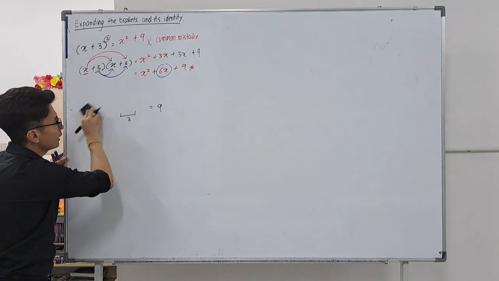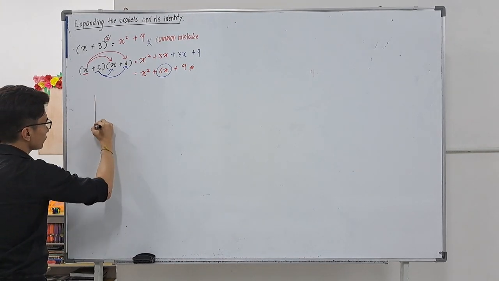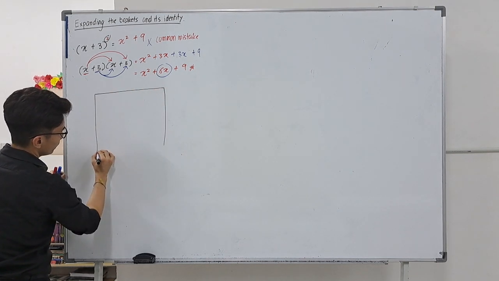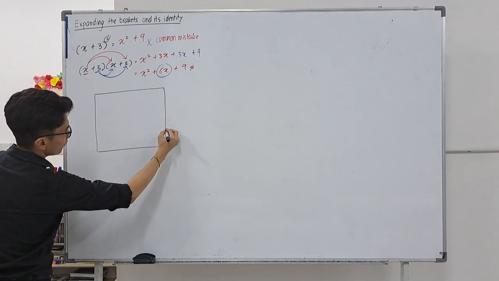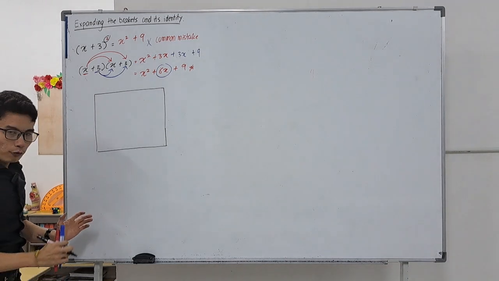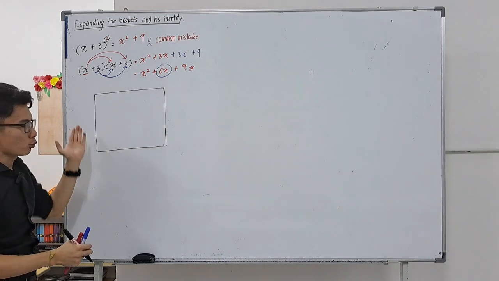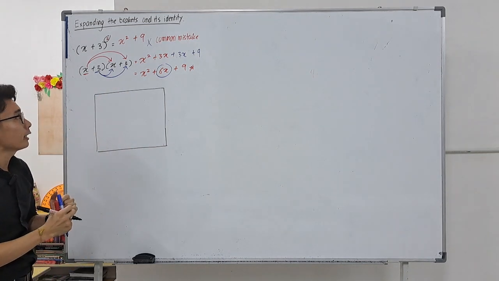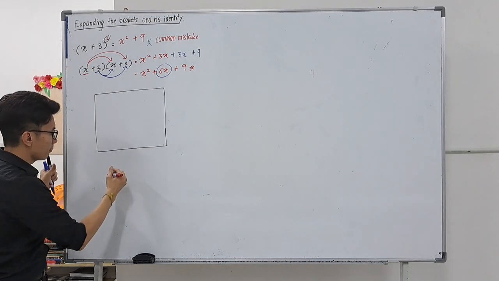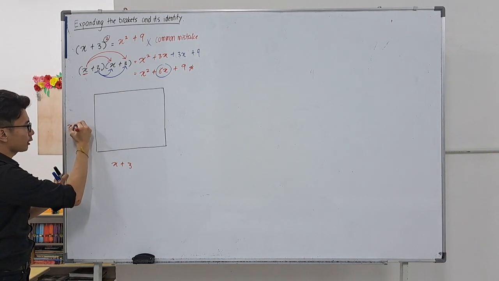I'm just going to erase this first. So first, let me draw out my square. Now let's fill out our length. As we know this is a square, so all the lengths are the same. Each length, based on this expression, is going to be x plus 3, and this side is also x plus 3.